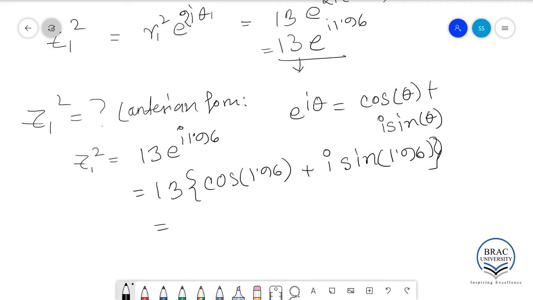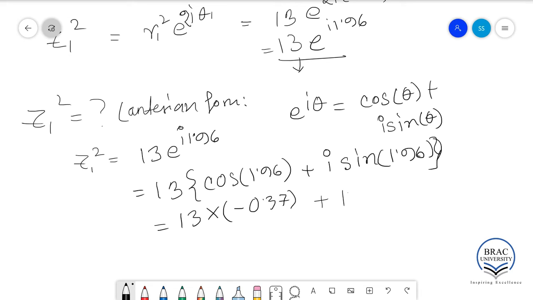But first we need to evaluate the values for cosine 1.96. If you do that, this will be 13 times minus 0.37. Obviously there are other digits, but let's just write 0.37 over here.